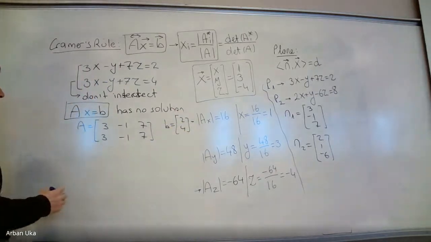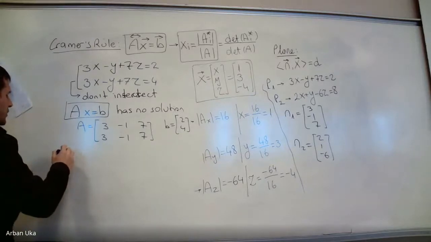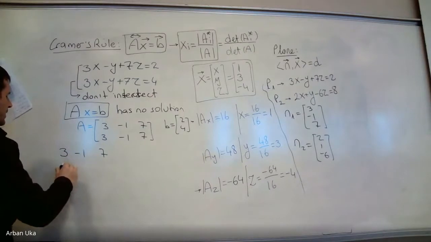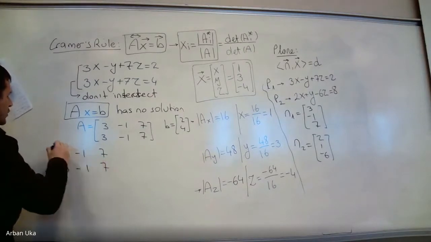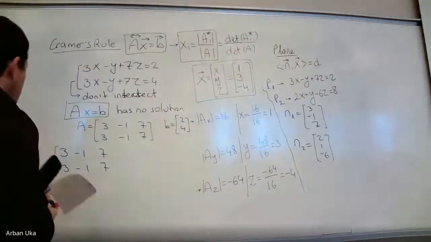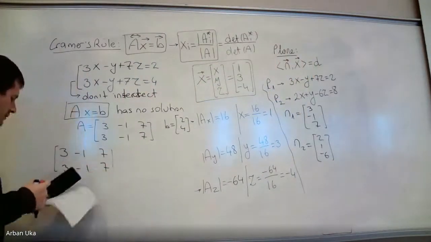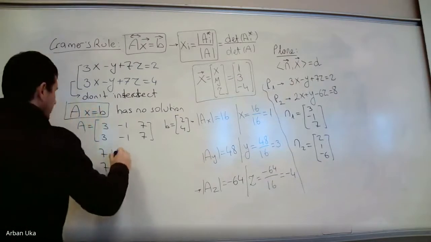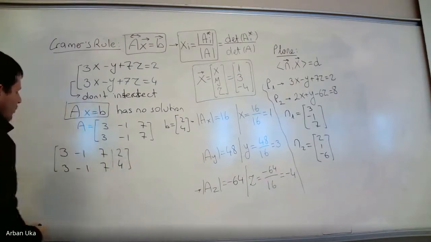How would you solve this system? How can you approach the solution of this system? It's always the same. We construct the augmented matrix, with 3, minus 1, 7 and 4. Then what is the next step?